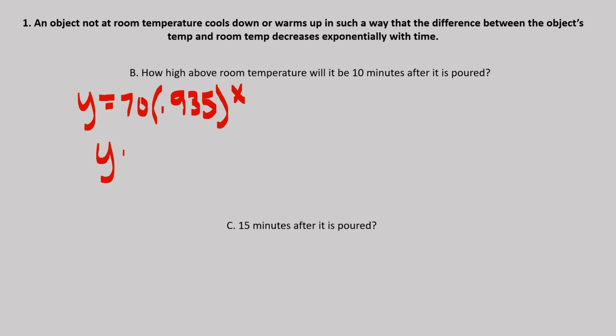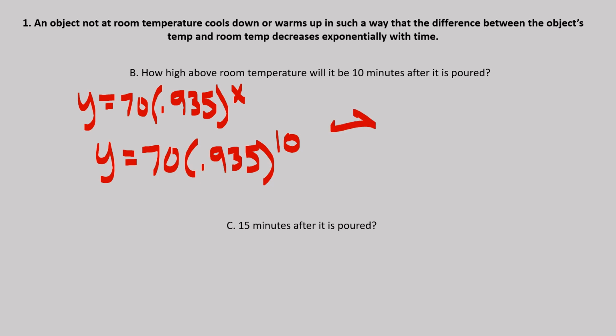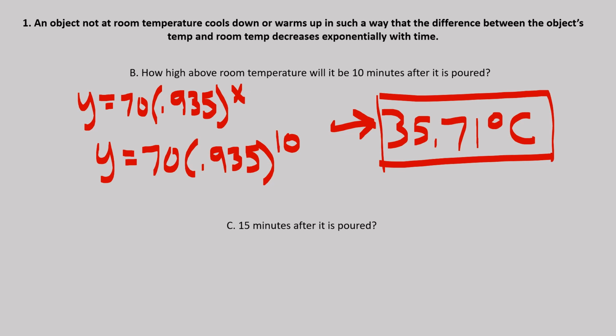So we would have y equals 70 times 0.935 to the 10th power, and that is going to give us 35.71 degrees Celsius. That's our answer to part B.